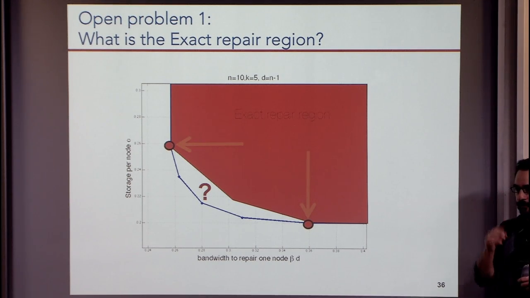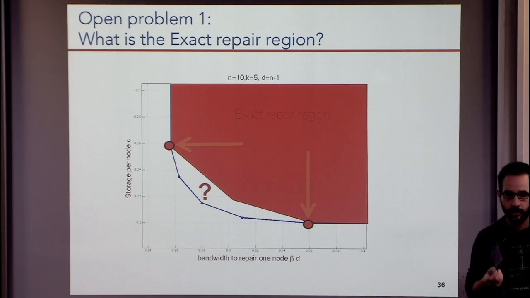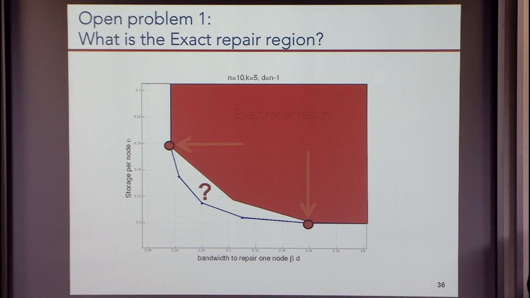Also, I think it's the first computer-assisted proof in information theory that is not to prove an inequality, but rather for an engineering problem. So still it's open, and it's very interesting. I guess we don't even know if we need non-Shannon type inequalities to characterize the exact repair region. So that's probably the biggest open problem in the area of regenerating codes.